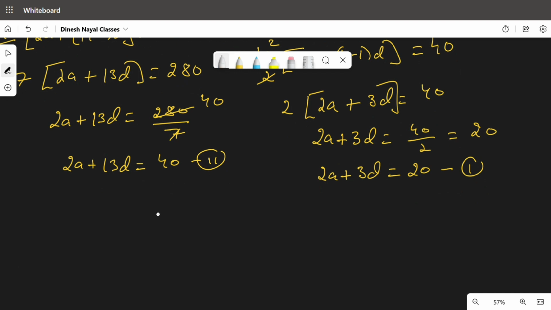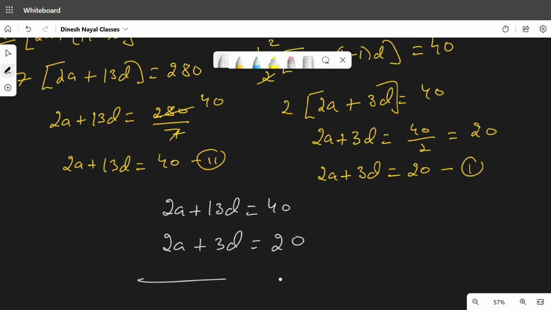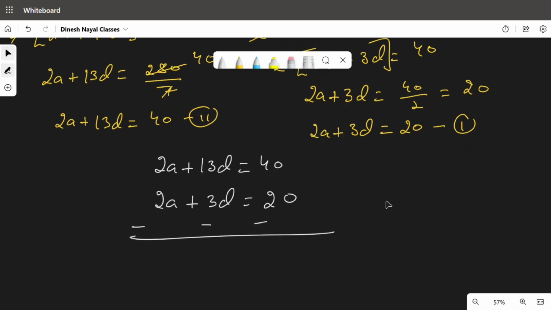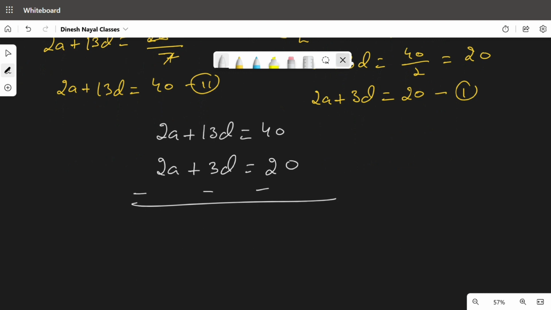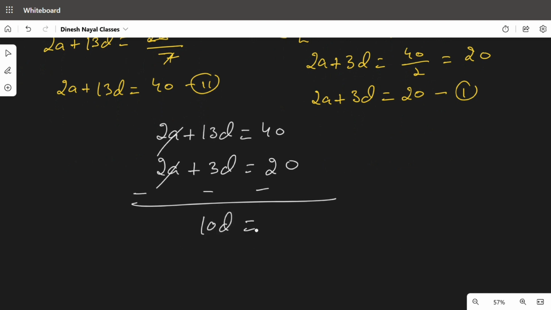So we take 2a plus 13d equals 40 and 2a plus 3d equals 20, and subtract. 2a will get cancelled. 13d minus 3d is 10d, which equals 40 minus 20, that is 20. So d is 2.